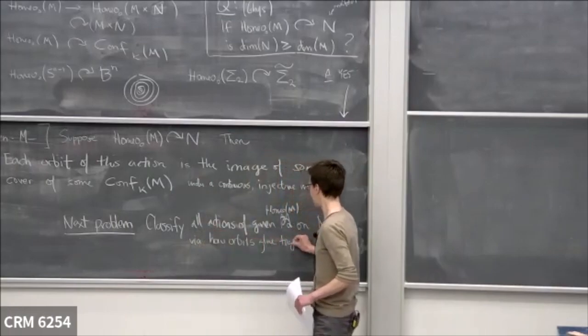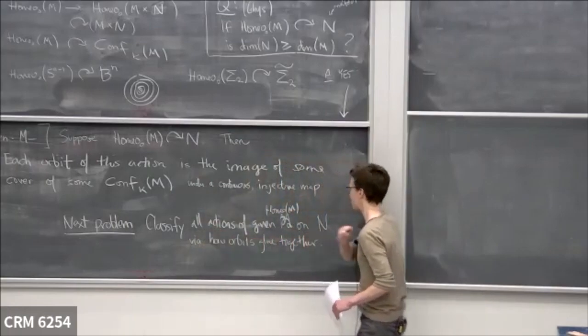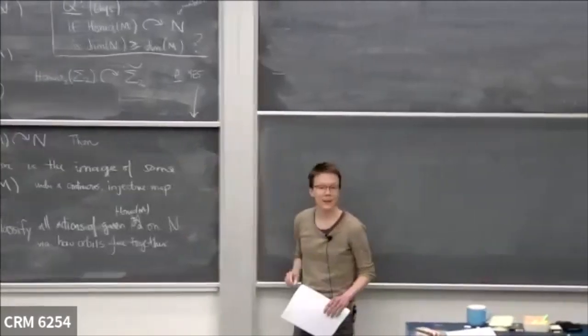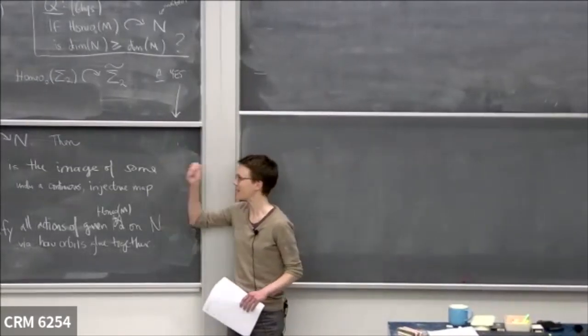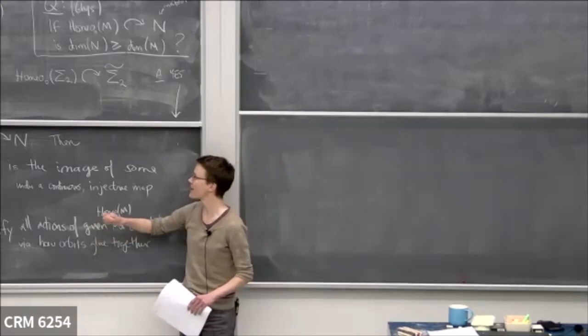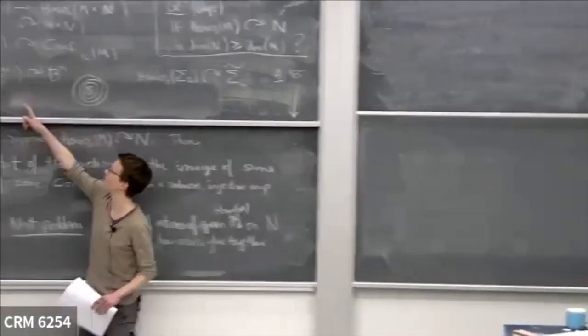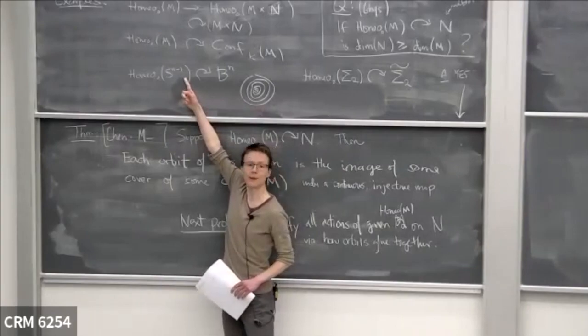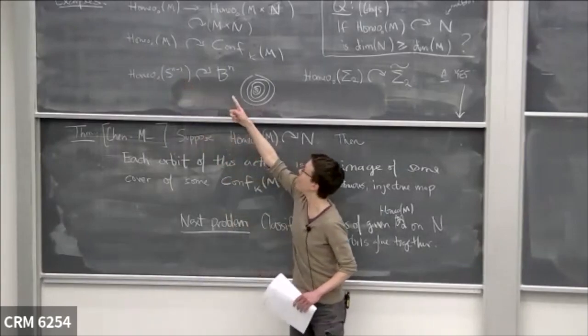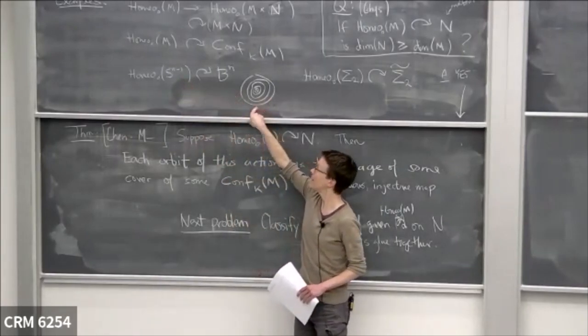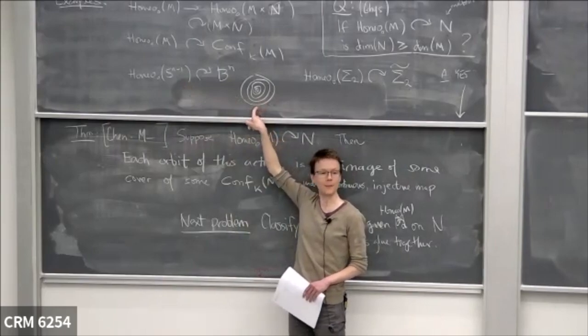So when you say classify up to conjugacy, I said without writing down, here's a theorem: up to conjugacy, any action of Homeo of S 2 or 3 or 4, anything bigger than 2, on a 3-dimensional ball is this coning off picture.